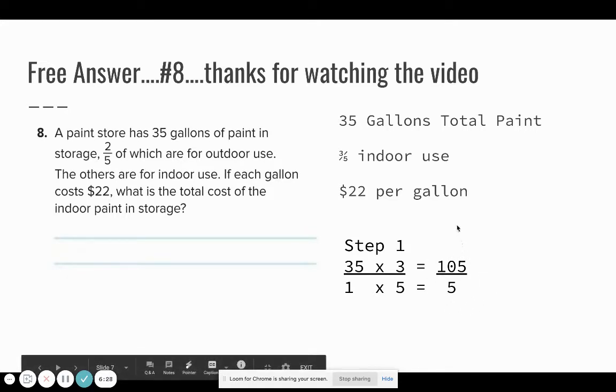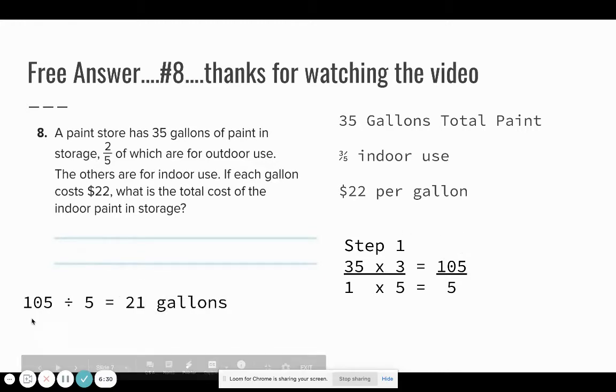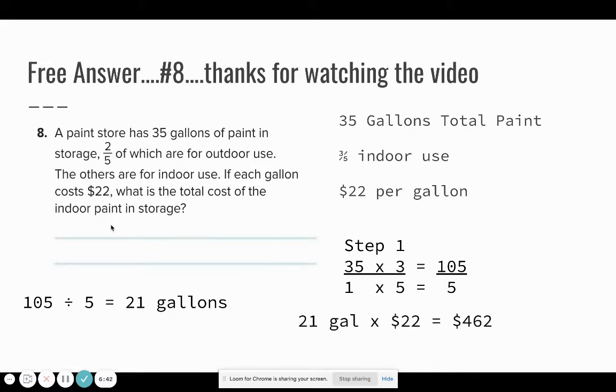That is an improper fraction, so I take 105 and divide it by 5, and it gives me a nice even number of 21. What this means is I'm using 21 gallons. And if each gallon costs $22, last step is just to multiply. 21 times 22 is total cost of $462. Again, the answer to number 8 is $462.